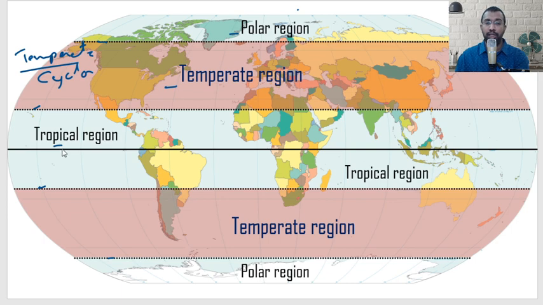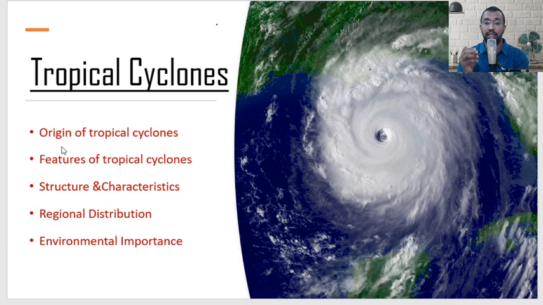Now, as we discuss tropical cyclones as a topic, let's see what we are going to discuss. We are going to get a very good idea of why and how cyclones, specifically tropical cyclones, originate.